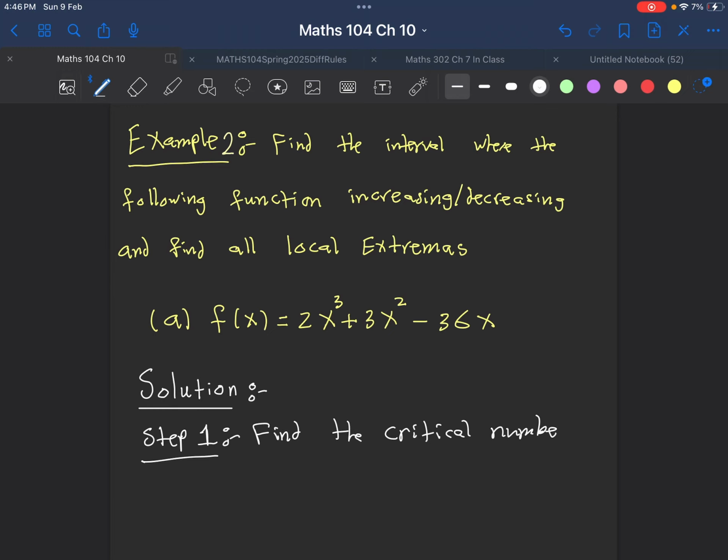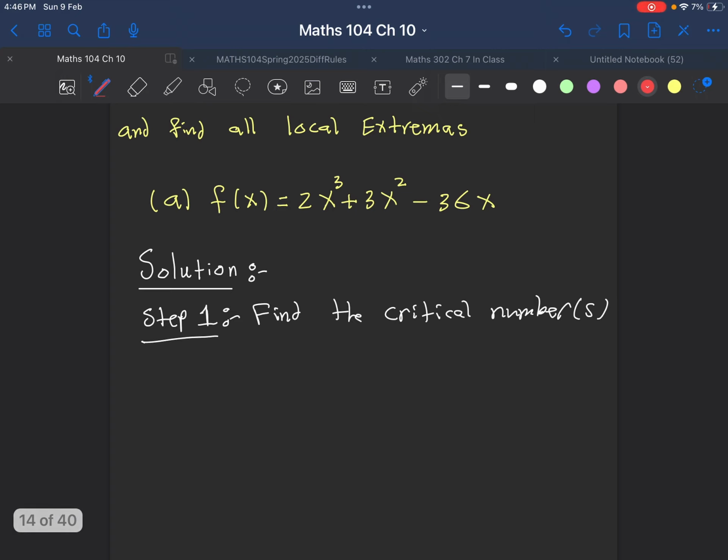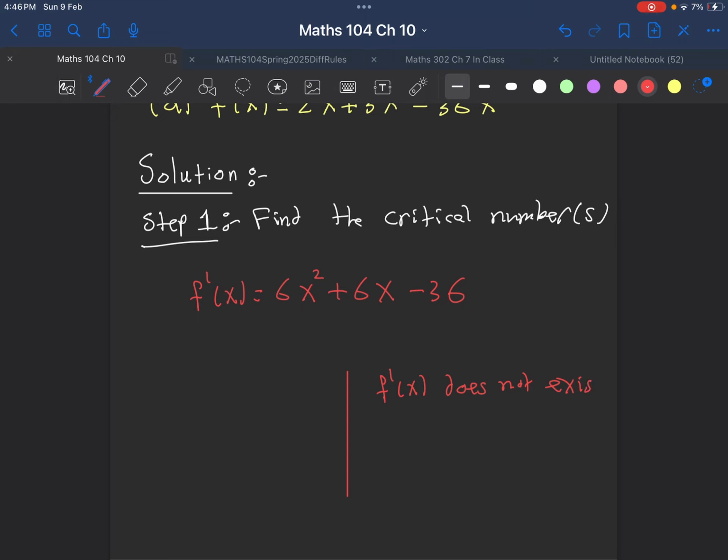Remember, the critical numbers are where the derivative is either 0 or does not exist. So we need to find the derivative. The derivative will be 6x squared plus 6x minus 36. Now, in order to find the critical numbers, either you find where the derivative does not exist, and here, this is not happening, because I don't have anything which creates a problem, and specifically, we don't have a denominator.